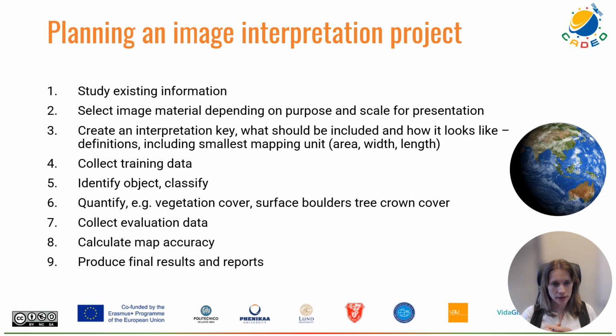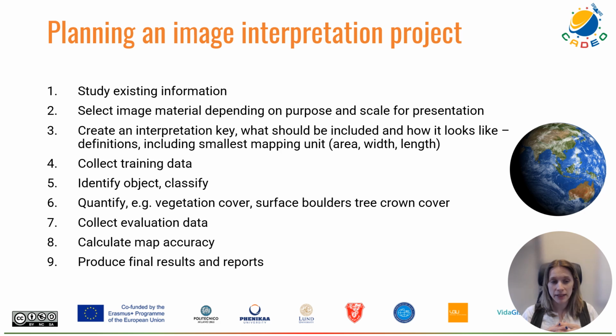Right, and then when you have mapped these objects and created a map or a GIS layer, you can quantify how much vegetation cover there is, how many rock outcrops or tree crown cover. Then you can analyze these data, and if you have classifications for more than one year or more than one point in time, you can also do a change assessment, which is really interesting and relevant to see how the land cover has changed, for example.